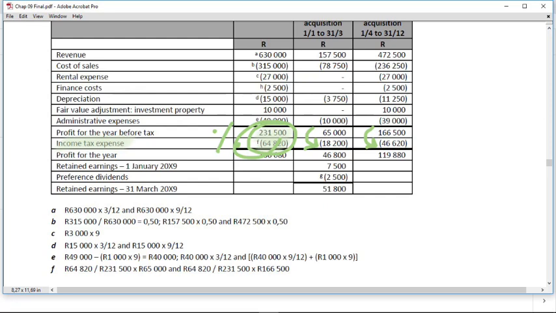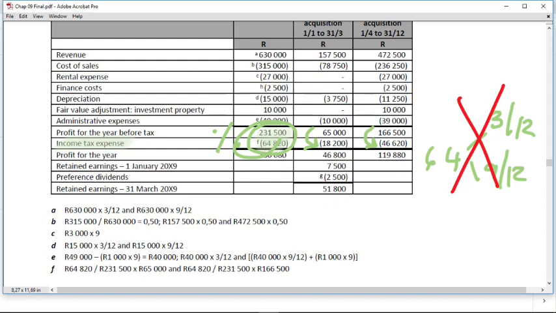Do you see that I did not take the 64,000 tax expense and say 3/12, 9/12? Why can I not do that? Why can I not split the income tax expense evenly? Because up here, you didn't split every single item evenly.